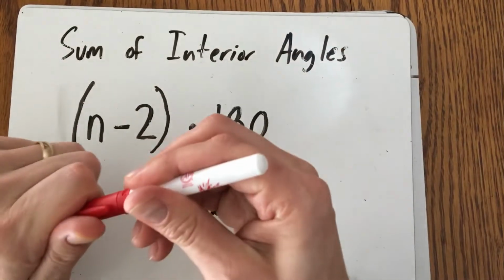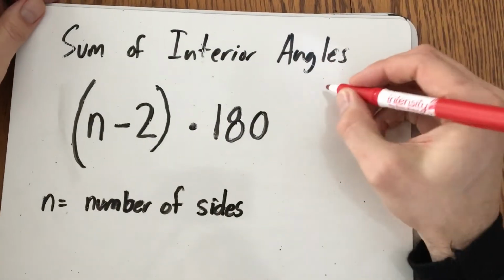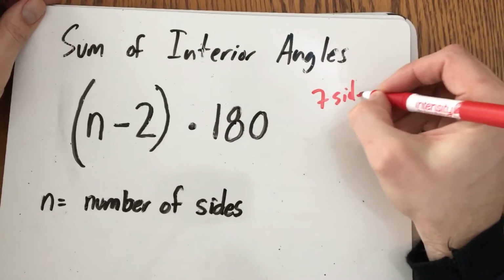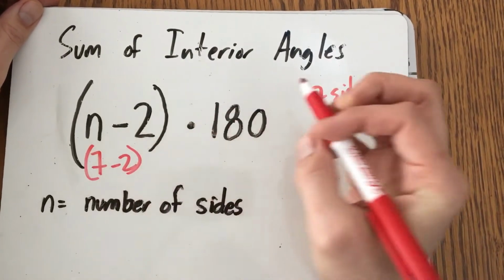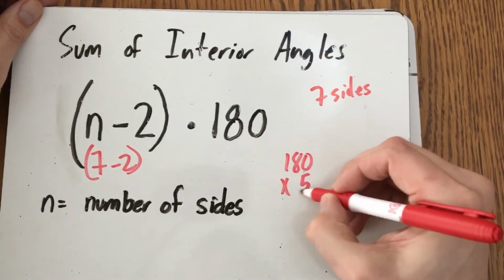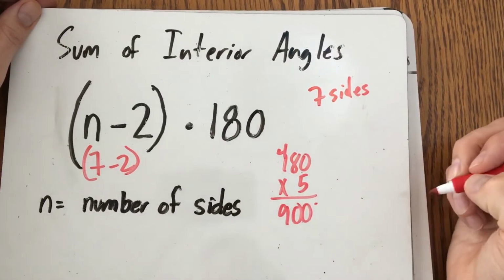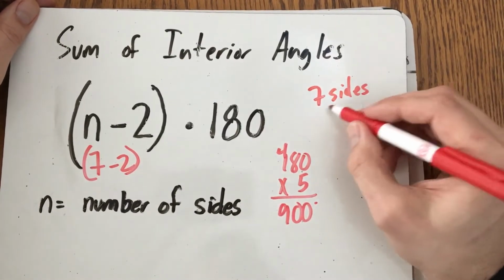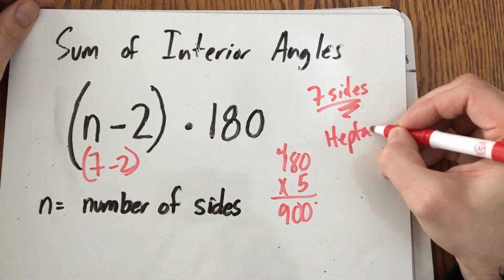So for example, if we were going to do a shape that had 7 sides, a heptagon, we would do 7 minus 2, which is 5, so we would end up doing 180 times 5. You could obviously use a calculator to help you, but that is 900 degrees. So the angles inside of a 7-sided figure, which we call a heptagon, would add up to 900 degrees.